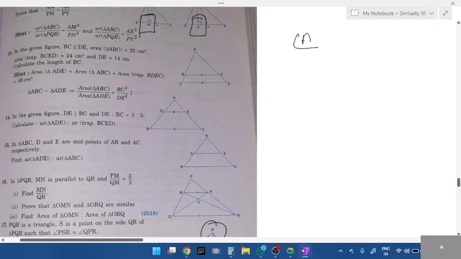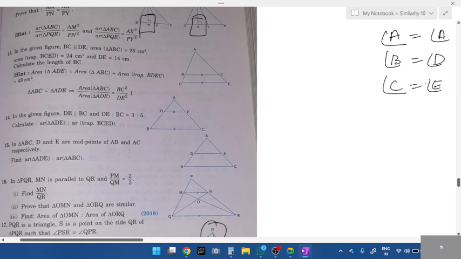Which two angles are equal? Angle A is equal to angle A. Write this in the working column, students. Make sure you all write this in the working column. Next, tell me the next one. Which two will be corresponding? Very good. Correct. Angle B is equal to angle D. Tell me the next corresponding.